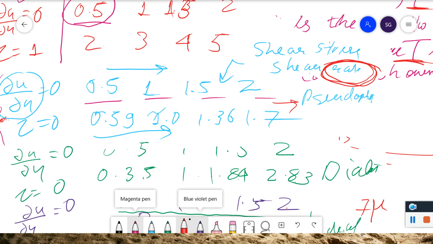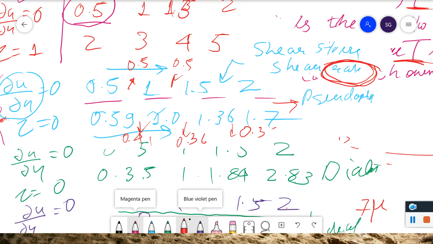It is the change actually. See here, there is a change of 0.5, here 0.5, so it's constant, and here the change is 0.41, then 0.36, then 1.7 minus 1.36, you can calculate this, it will give you 0.34.